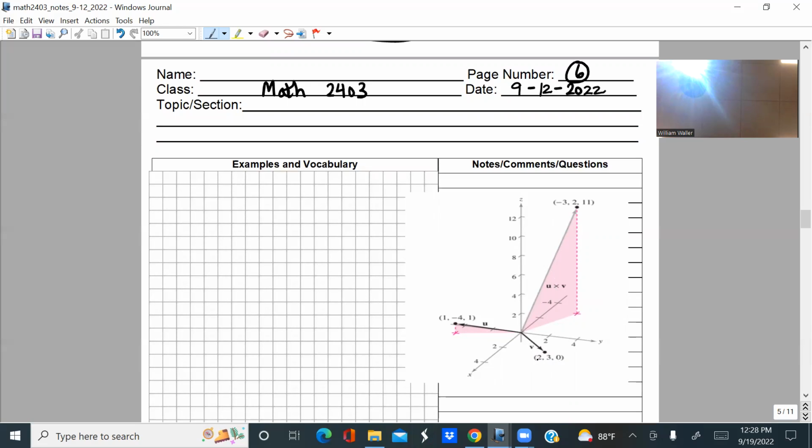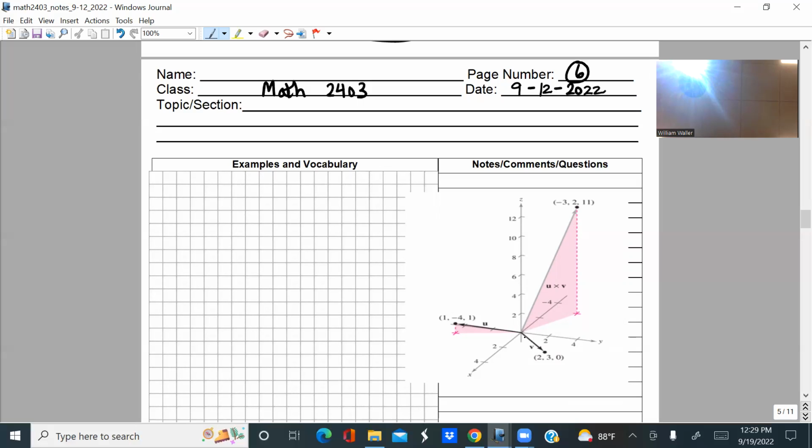vectors. Now, I want to point out, just for future reference, whenever you're given two vectors that are not parallel to each other, they define a plane in three-dimensional space, okay? So you can think of these two vectors as creating a plane in three-dimensional space. A plane is a flat surface, right?